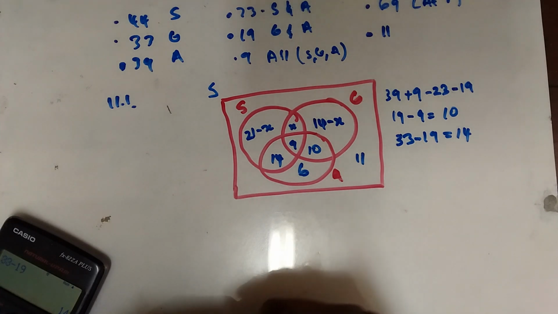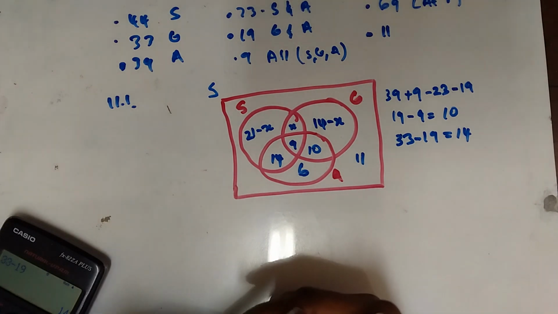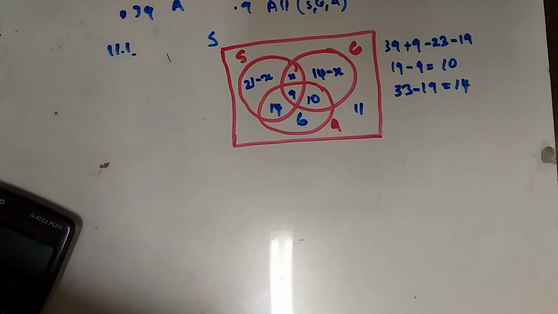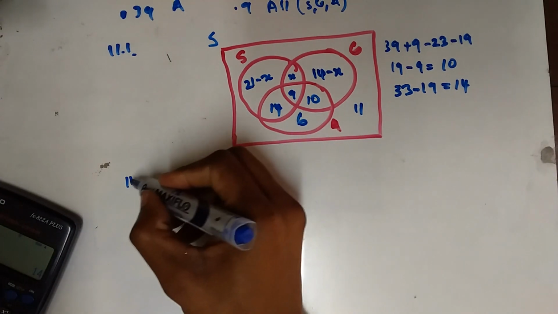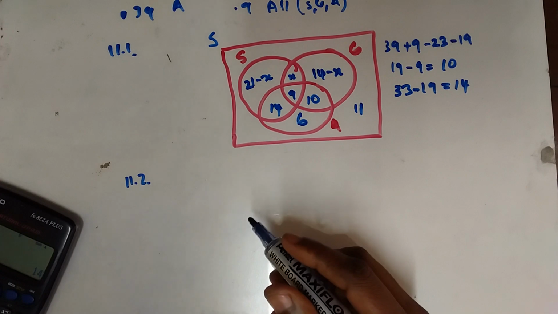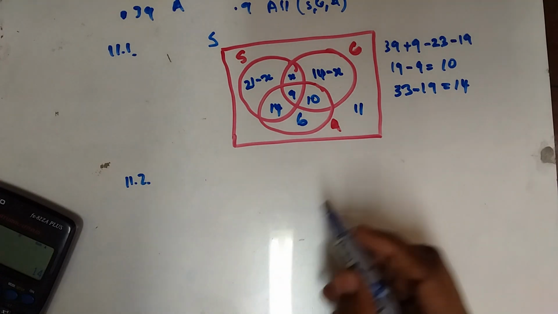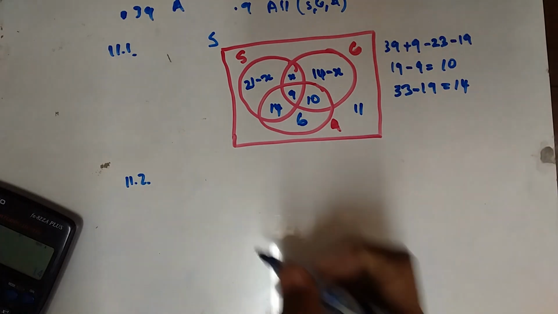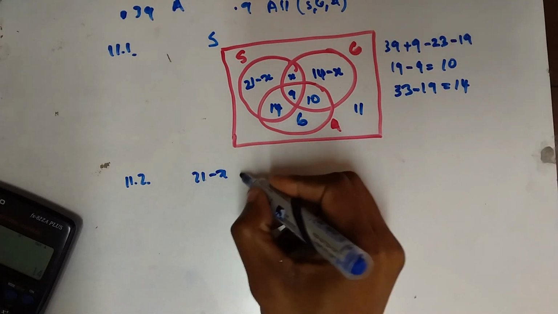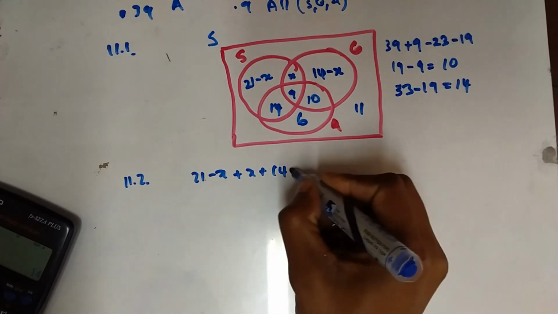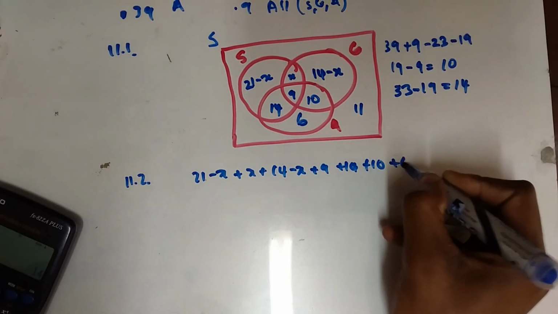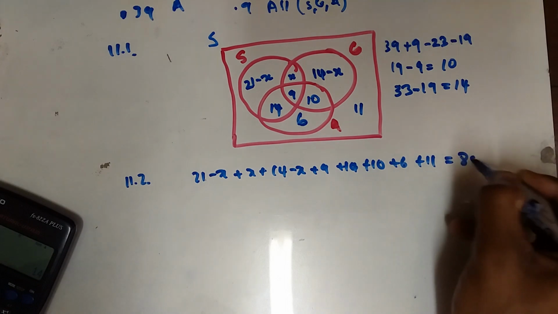Now the second question says, hence show that x is equal to 5. So if we want to show that this is 5, we need to add everything and make it equal to 80, because they said 80 participants. So you're going to have 21 minus x plus 14 minus x plus 9 plus 14 plus 10 plus 6 plus 11. This should be equal to 80.